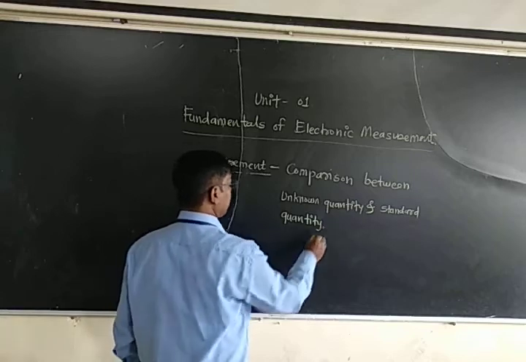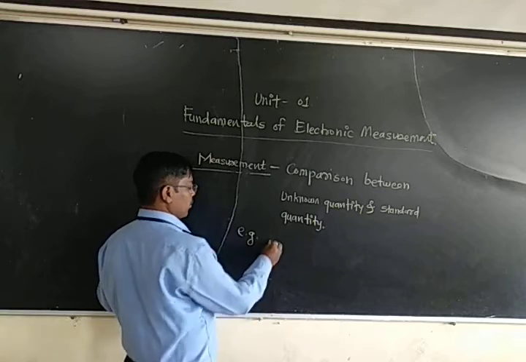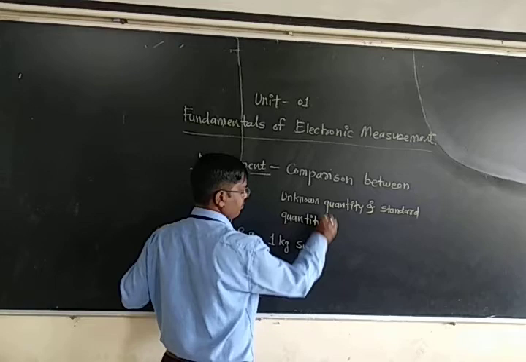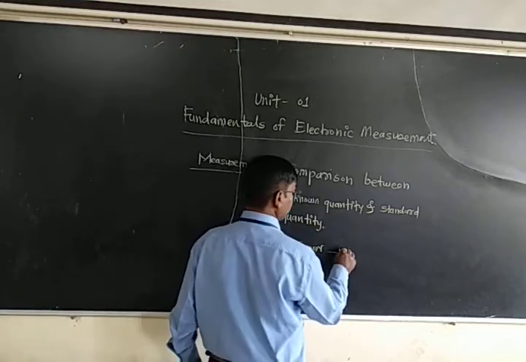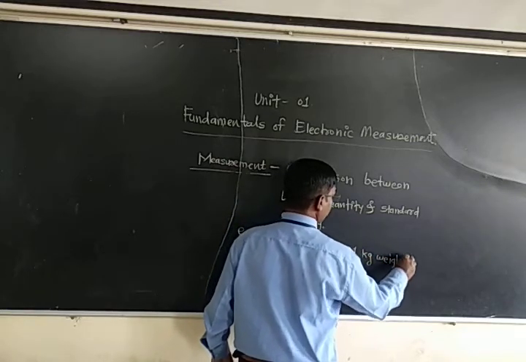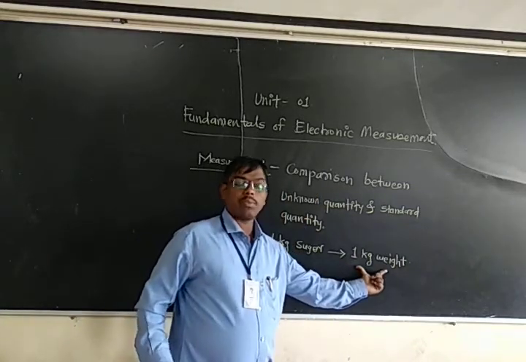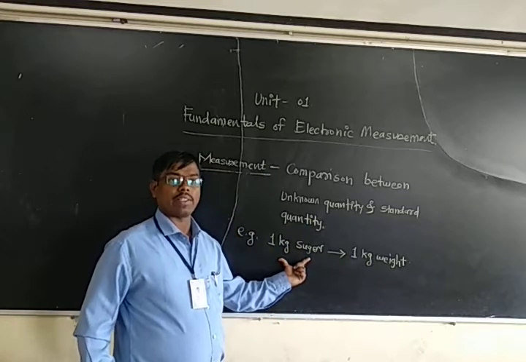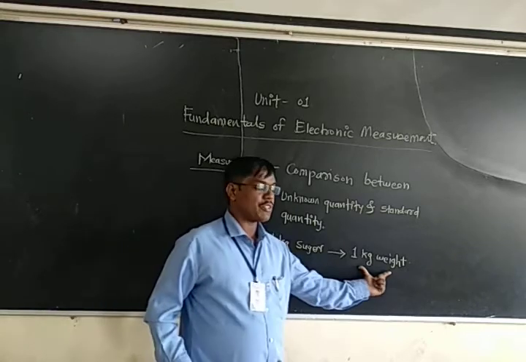Now, the unknown quantity may be, for example, 1 kg of sugar that we have to measure with the help of 1 kg of weight. The sugar is the unknown quantity, and we compare it with 1 kg of weight.